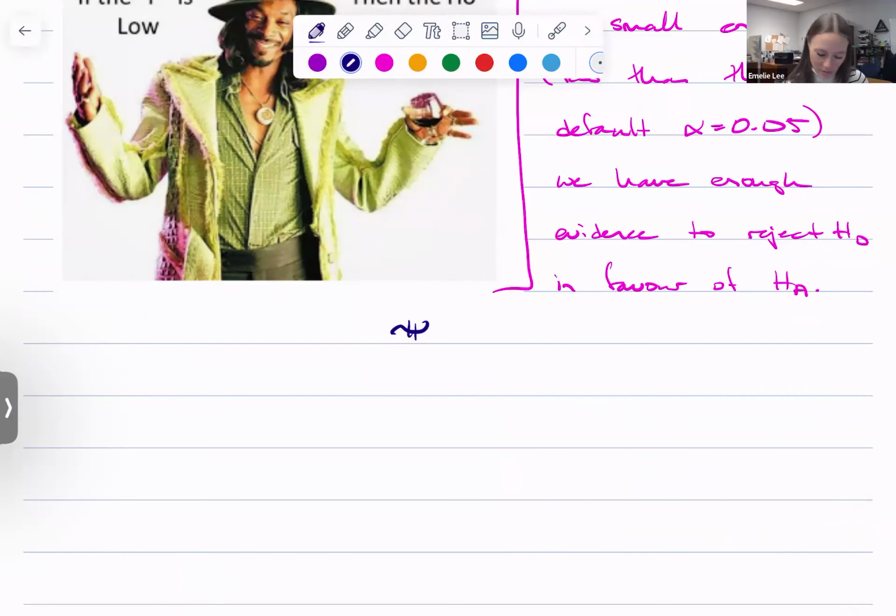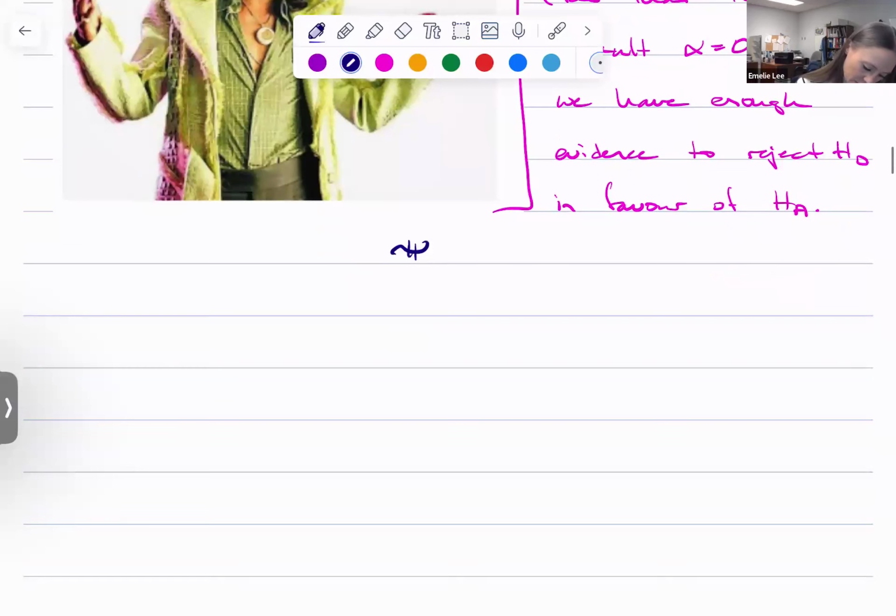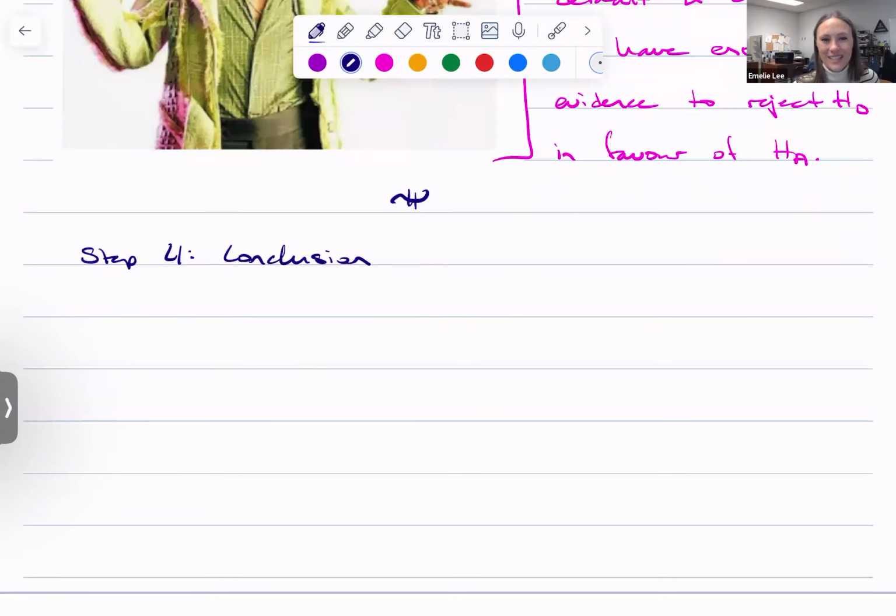Used a lot of notes from last day. So our conclusion, I'll do it here. Our conclusion is going to look like this. For you, on test 2, it'll be a text box.